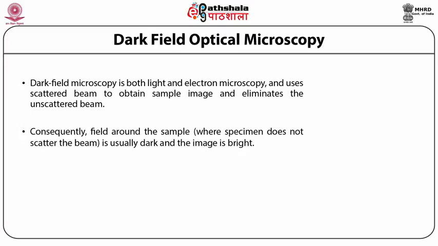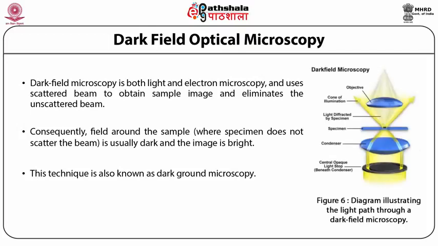Consequently, field around the sample where specimen does not scatter the beam is usually dark and the image is bright. This technique is also known as dark ground microscopy.